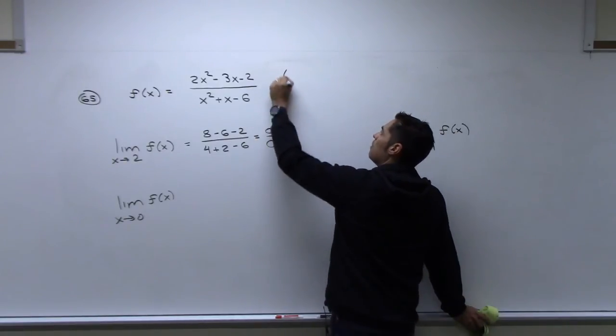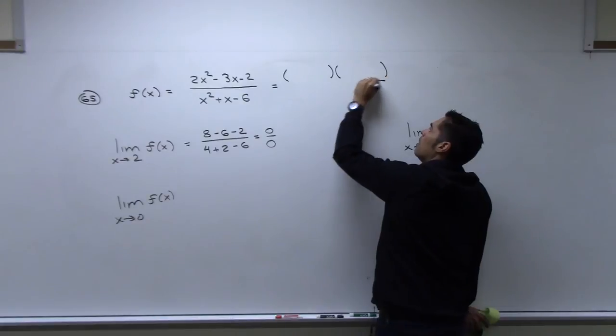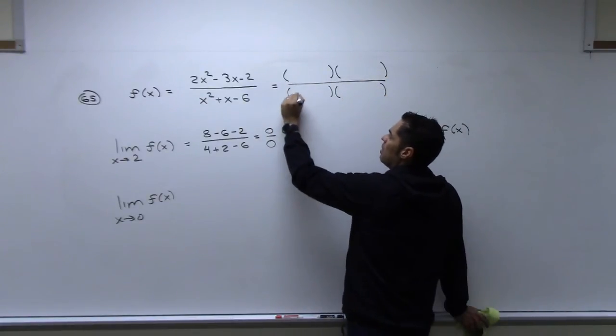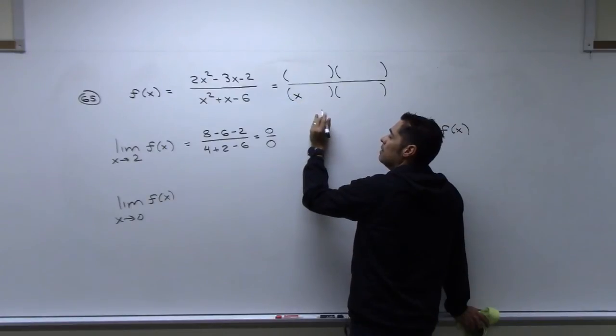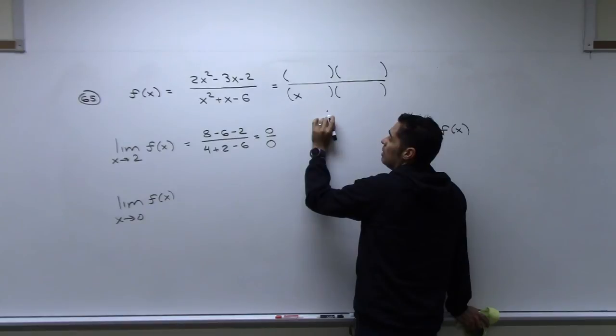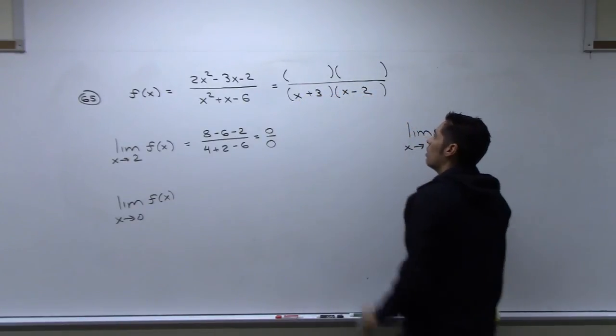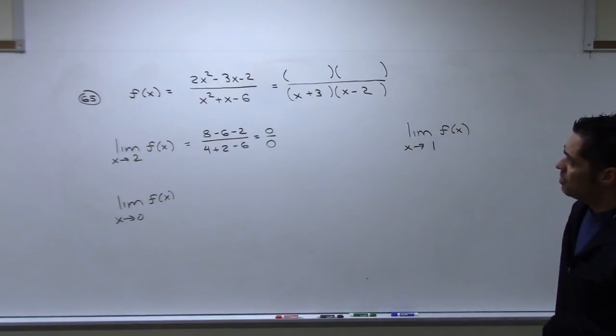Up top, let's see if we can factor the numerator and the denominator, since they're both trinomials. Now, the denominator might go pretty easy. Plus 3 and minus 2 work? You can check that for yourself.